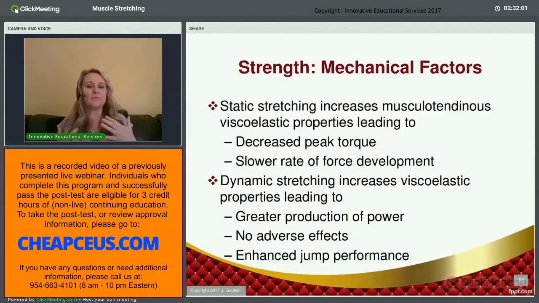So it's going to develop decreased peak force, they're finding, a slower rate of contraction, versus the dynamic stretching where the patient has done their knee kicks or their arm swings, where they're taking themselves through the range of motion, incorporating active muscle contraction with relaxation and range of motion gains.